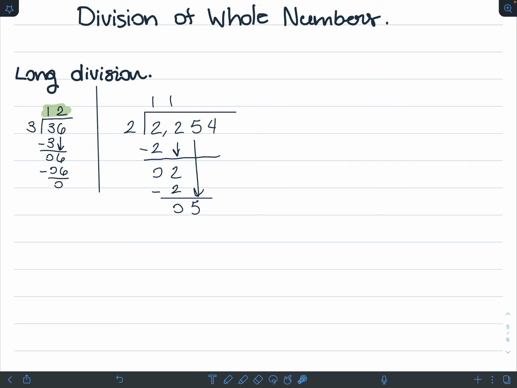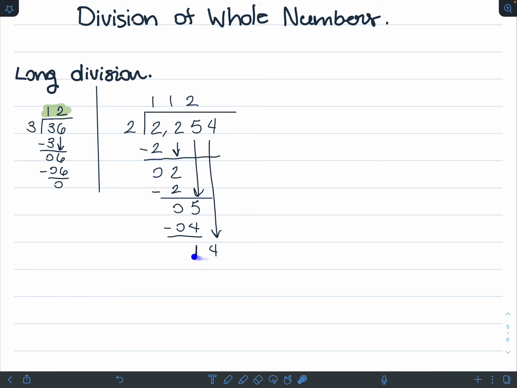If we did 2 times 5, which is 10, 10 is greater than 5, and that wouldn't work. Let's do that. Write down that 2, subtract 4, and that gives 1. Bring that 4 all the way down.